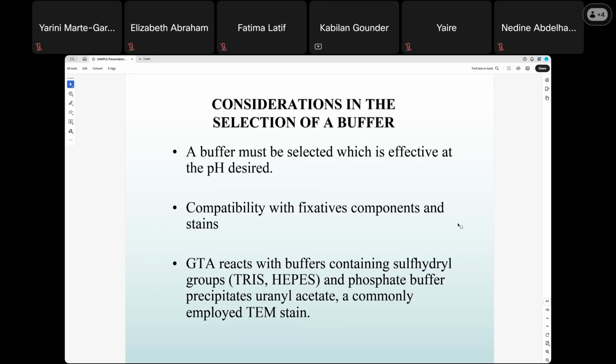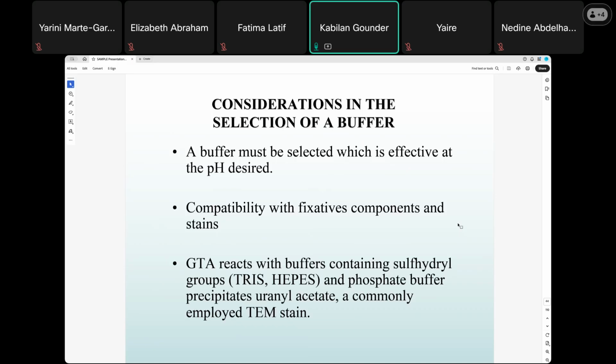A buffer must be selected which is effective at the desired pH. That's the most important thing. Take one buffer as an example, PBS. If you take that and use it for a frozen sample, we have to think twice.